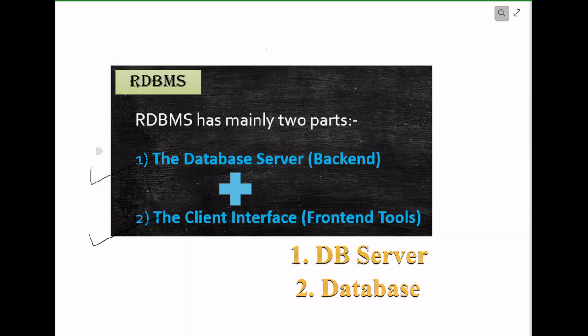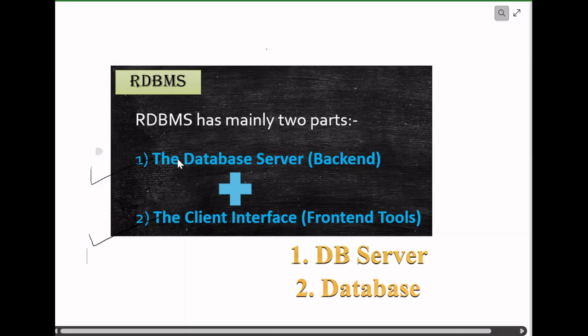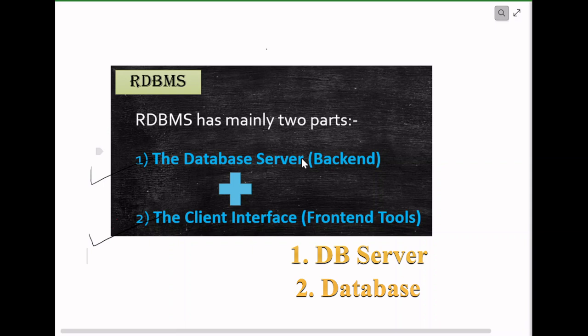But when we say database, it is an object which we create inside a database server. We can create either one database or more than one database inside a database server. So don't get confused with the terms database server and database. Both have a slightly different meaning. One is a physical machine which we call a database server, and the database is the actual database which we create inside a server.